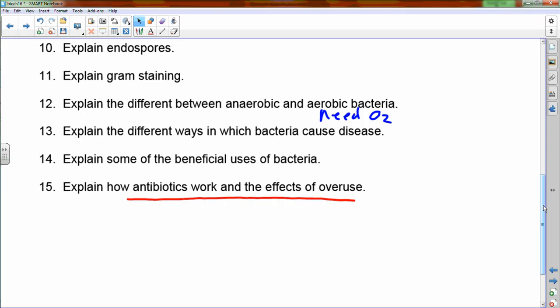So, here's the thing. They have done surveys with doctors and medical professionals who basically have said, if somebody comes in and demands antibiotics, they usually just write the prescription, because it's a lot easier. That's what makes the person happy.